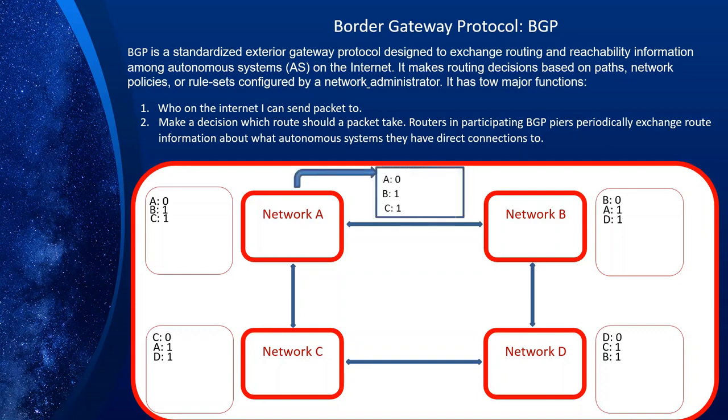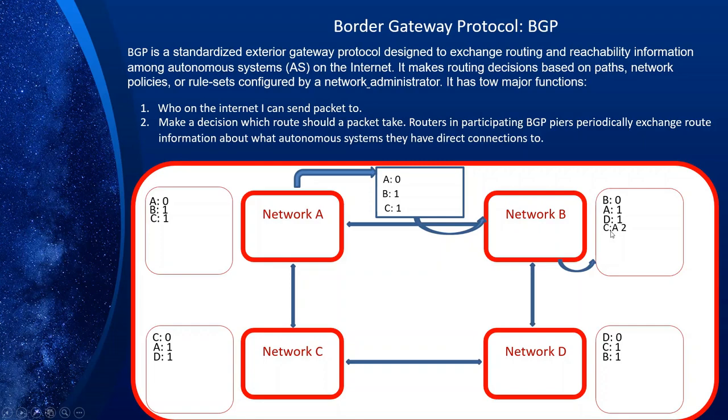For instance, network A can share information with network B, and tell B, these are the routes that I know about. So when it does that, network B takes a look at it and says, hey, interesting. Well, of course I know about myself, and I already connected with you, so I know about you, but I did not know how to get to C. Now I know, so it updates its routing table here.